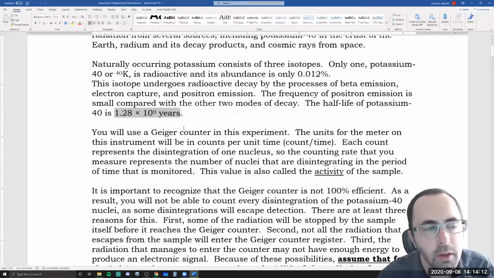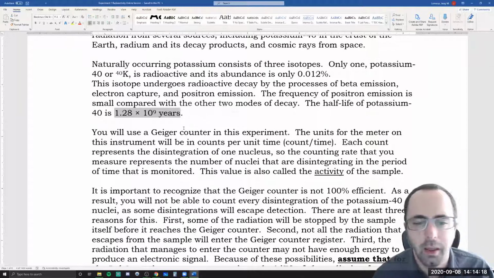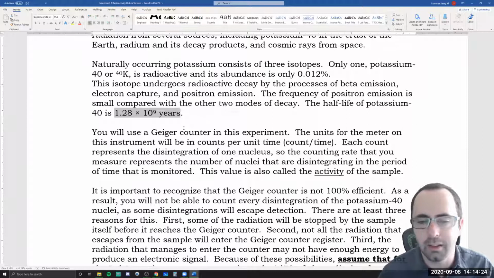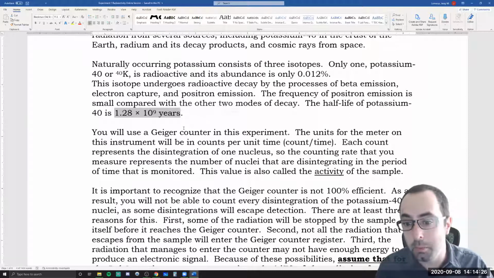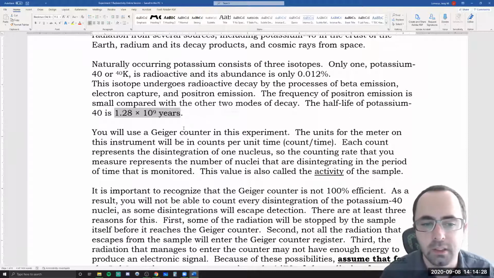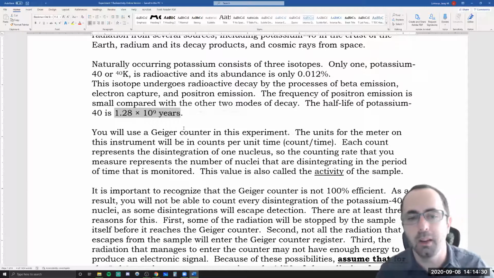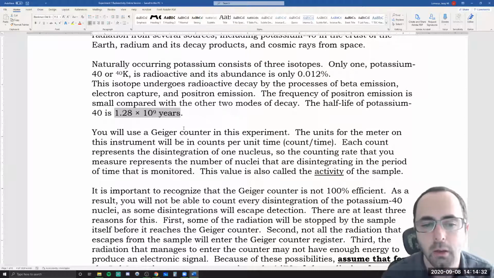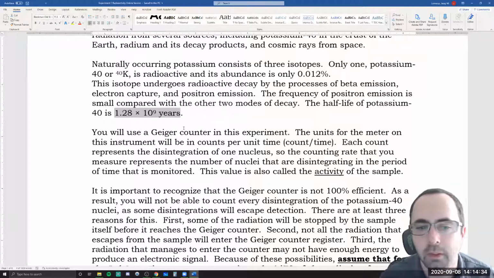So it's a very, very long half-life. How do we know that the half-life is this long based on just measuring the radioactivity for a much shorter period of time? The answer is that we can extrapolate based on what we observe to how long it would take for half of the potassium in our sample to be gone.